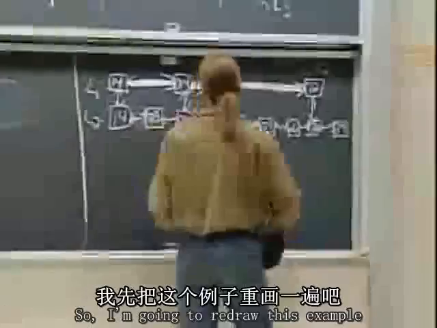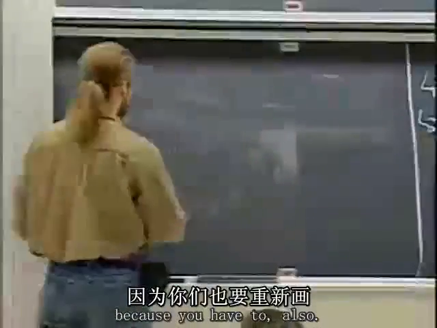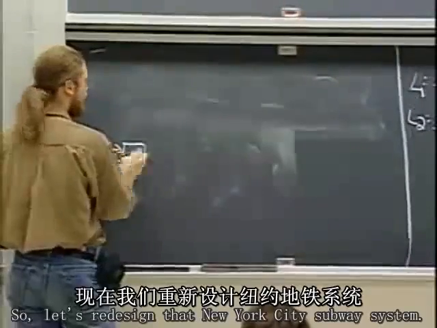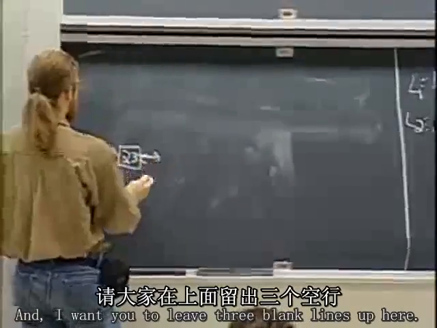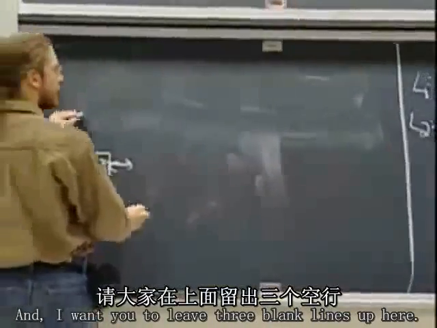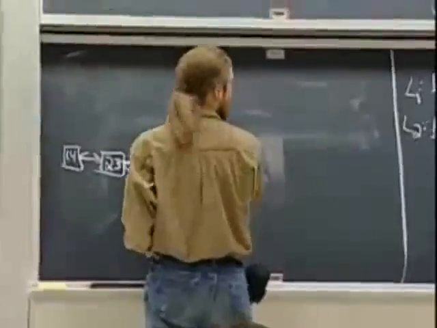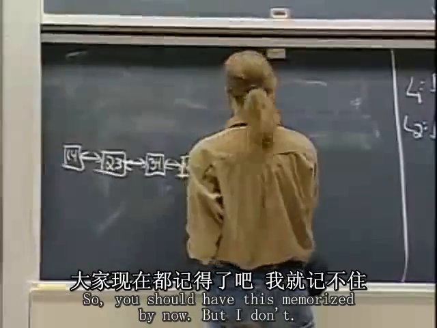So I'm going to redraw this example because you have to also. So let's redesign the New York City subway system. And I want you to leave 3 blank lines up here. So I should have this memorized by now, but I don't.